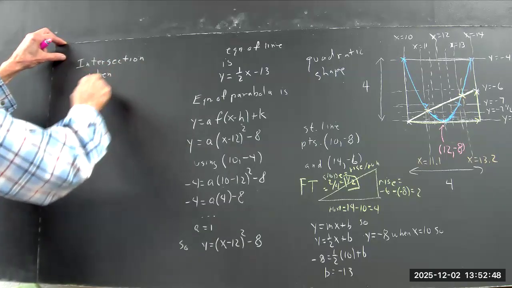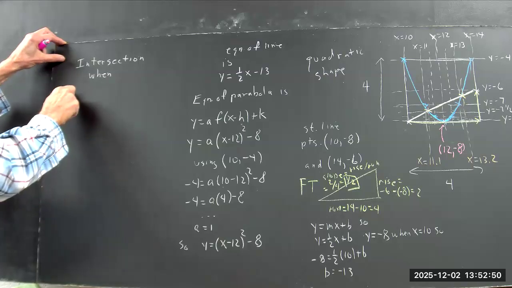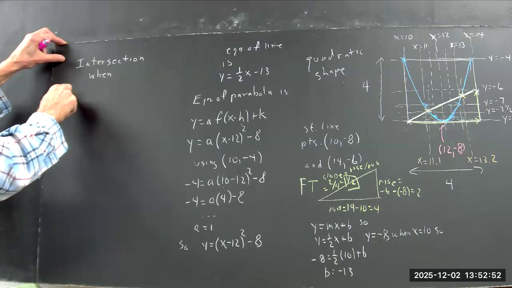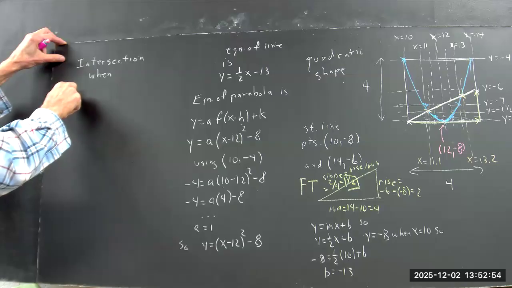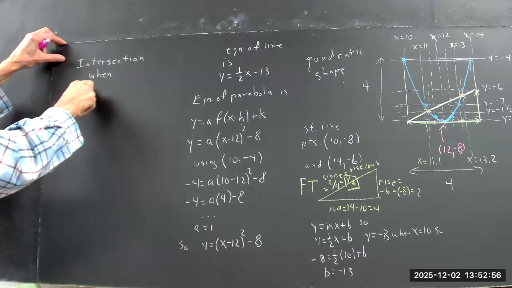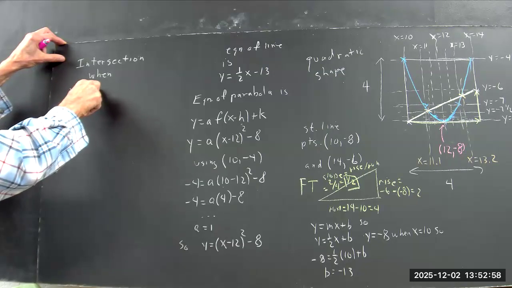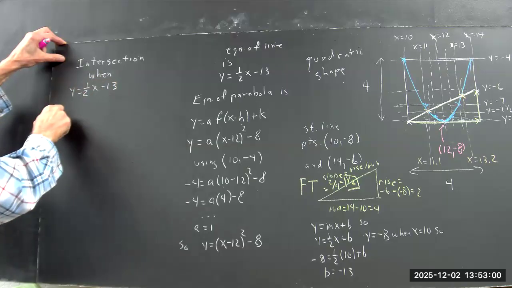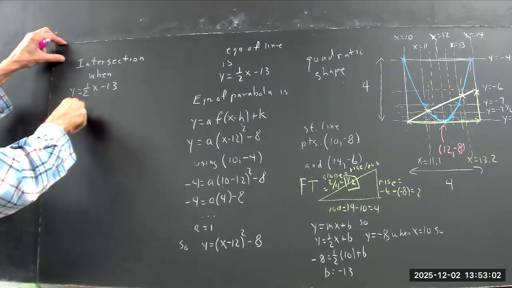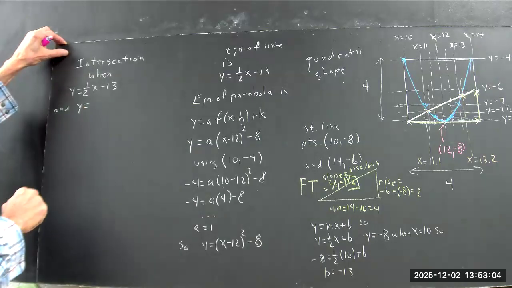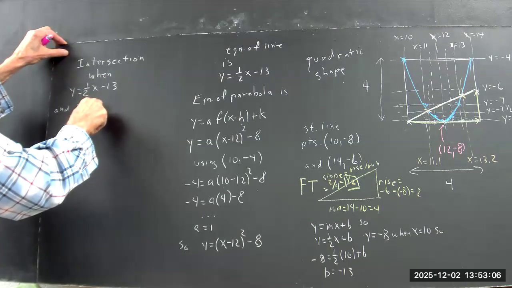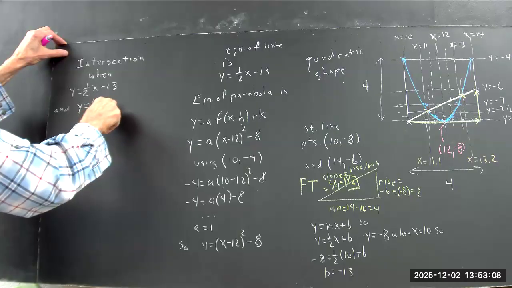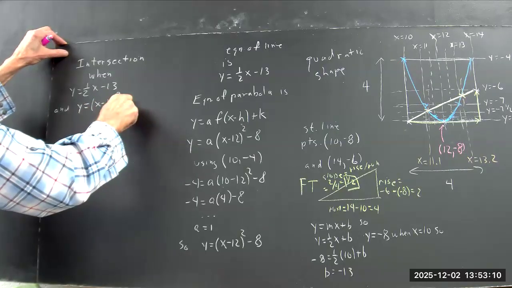We get the intersection when y equals 1/2 x minus 13 and y equals (x minus 12) squared minus 8.